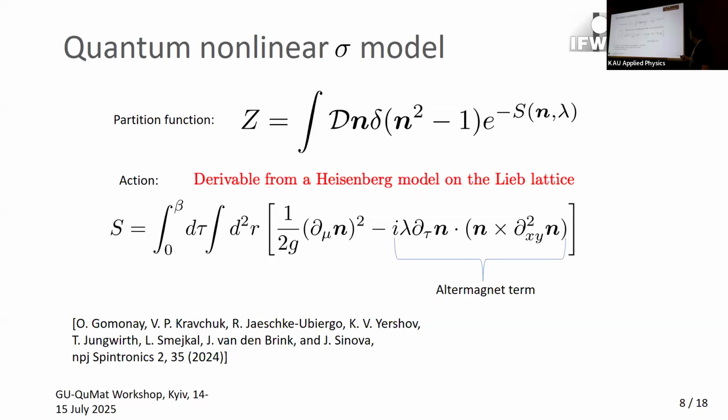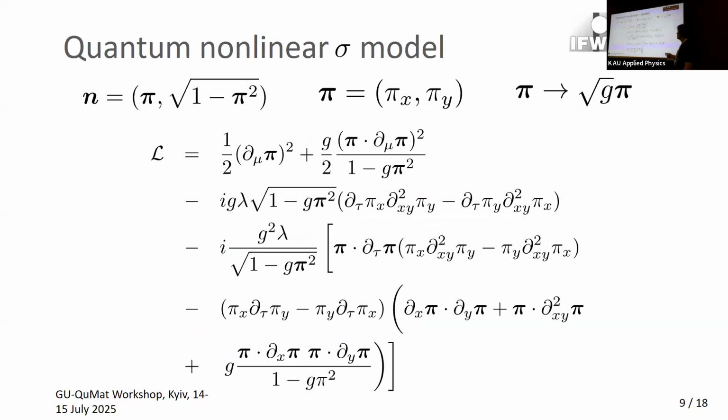I solve the constraint, not using n squared equals 1, but by saying that one of the components is the square root of 1 minus pi squared. The pi is a two-component field, pi x, pi y. And in order to facilitate analysis, if you are doing perturbation theory, I rescale pi by the square root of g.